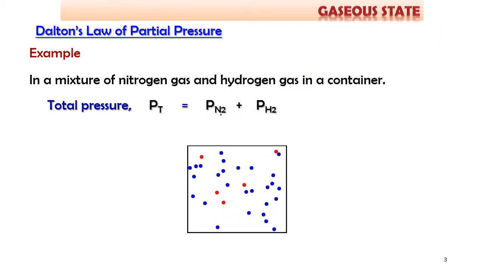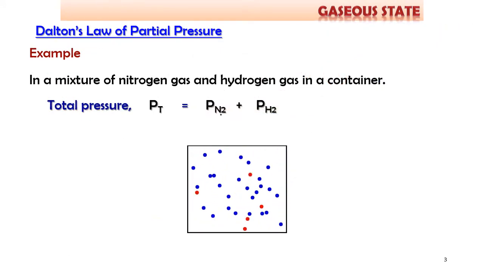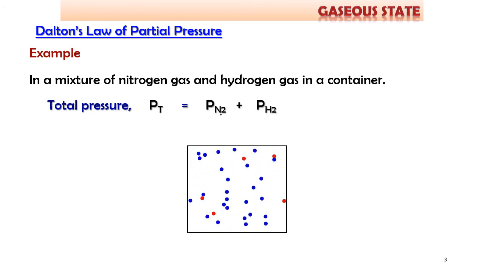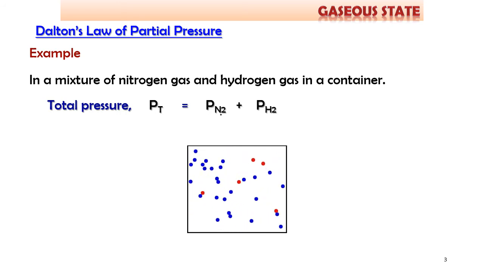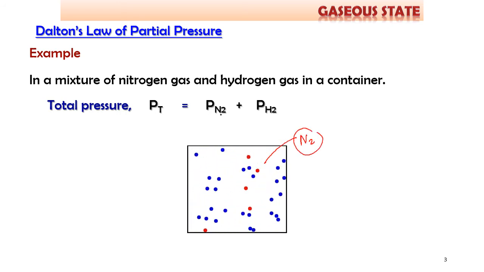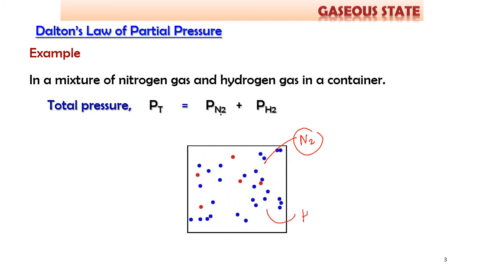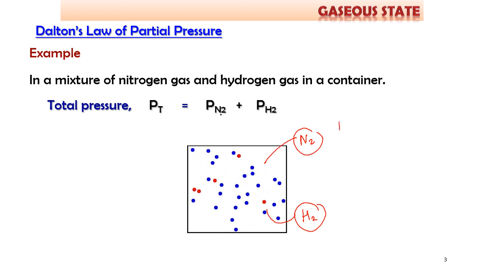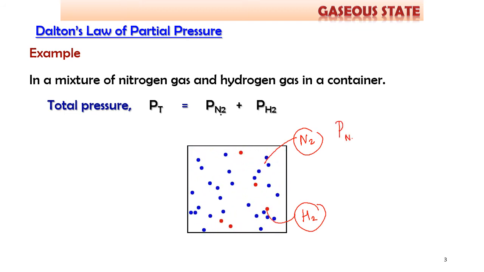Right, so for example, the total pressure of the gases mixture, let's say you have nitrogen gas and hydrogen gas. Each of the gases will have its own partial pressure.